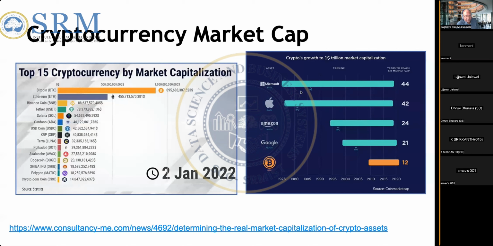For example, Microsoft took 44 years to reach 1 trillion market capitalization, and Apple 42 years, because both of them were established at the same time. Amazon, 24 years, based on computing services. Google, 21 years. They were search engine specialists. But on the other hand, Bitcoin reached 1 trillion market capitalization within 12 years or something like that.